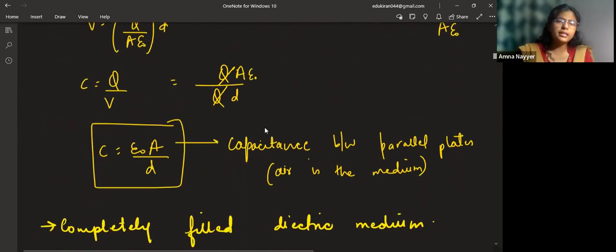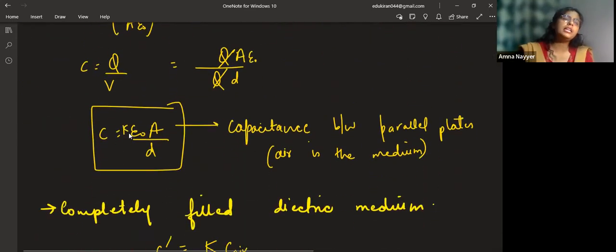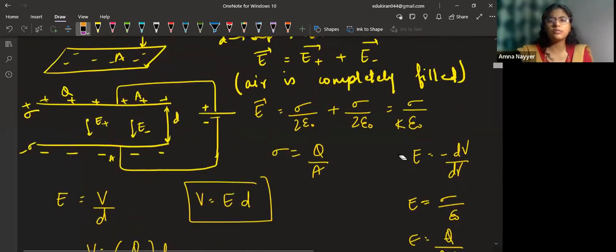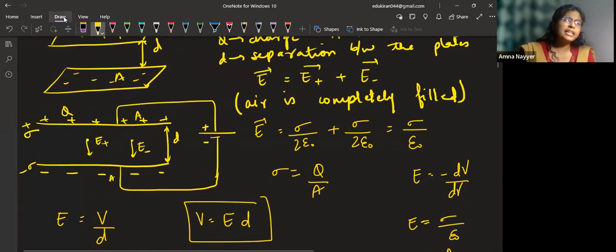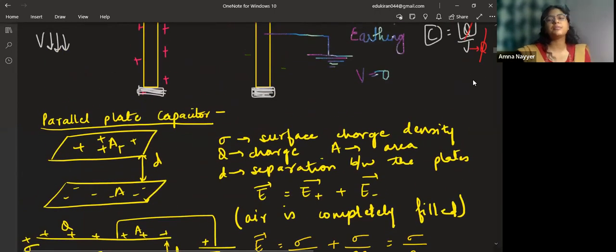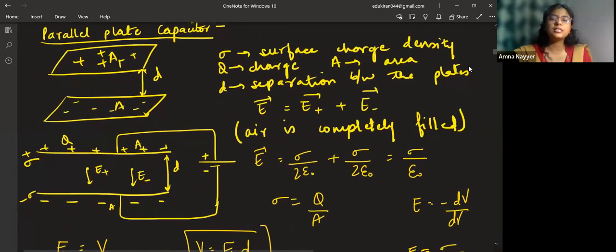If you add K here, automatically K will come here also. It depends on the way you want to write, but the basics of the derivation remain the same. I think it's better if you put K here if that derivation comes. Otherwise, usually the question is: derive the expression for a parallel plate capacitor with air between the plates. Note this down, understand this, then we'll discuss one more case. I want to complete it today. Quickly note it down.